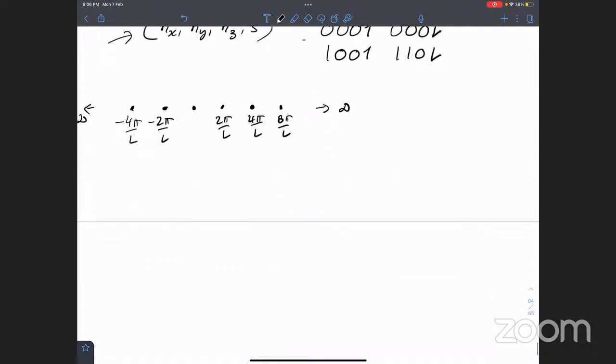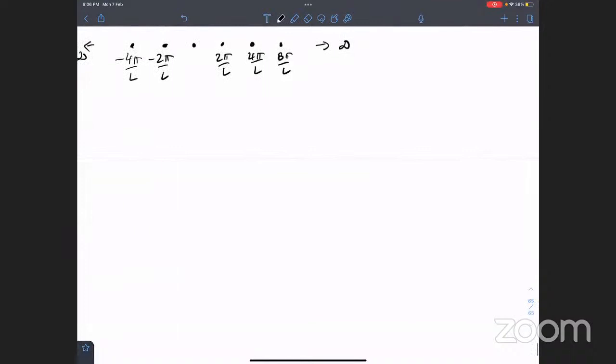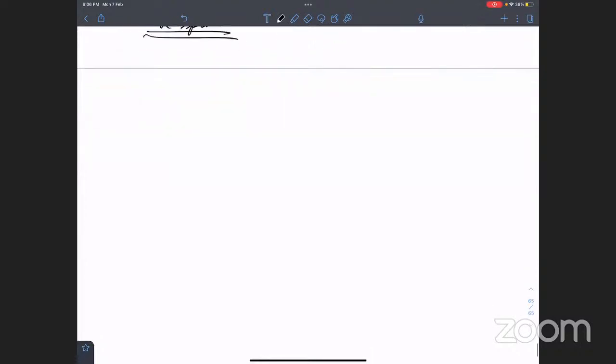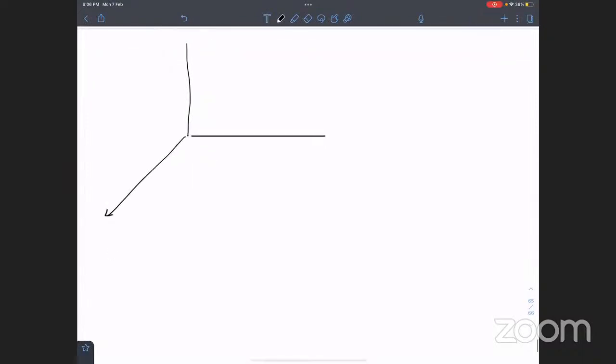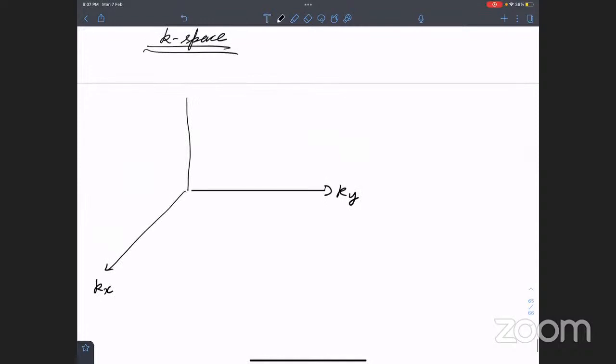Now we're going to go into a space called the K space. What is the K space? It is also a three-dimensional space, where the x coordinate tells me the kx of my state, the y coordinate tells me the ky of my state, and the z axis tells me the kz.